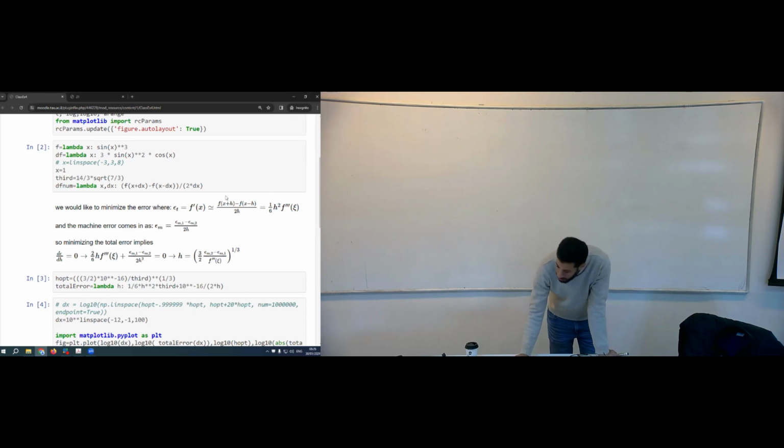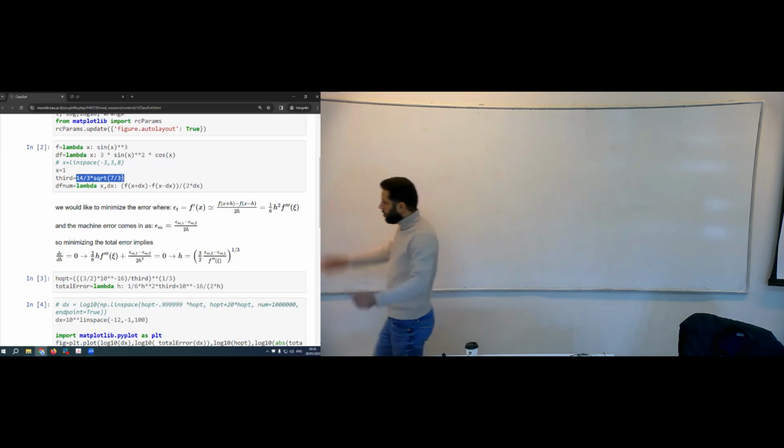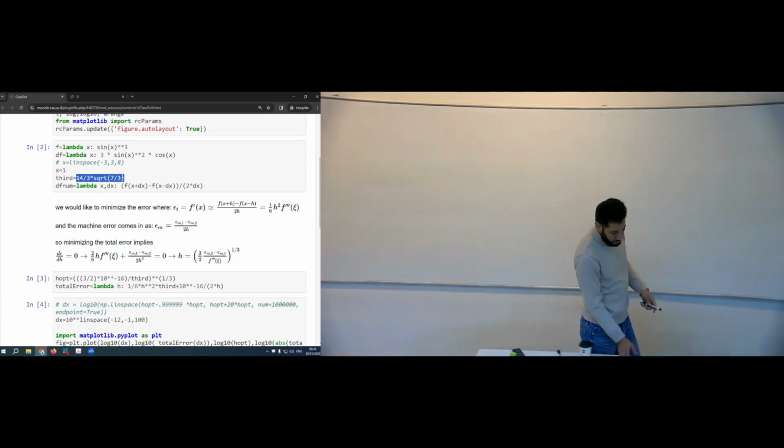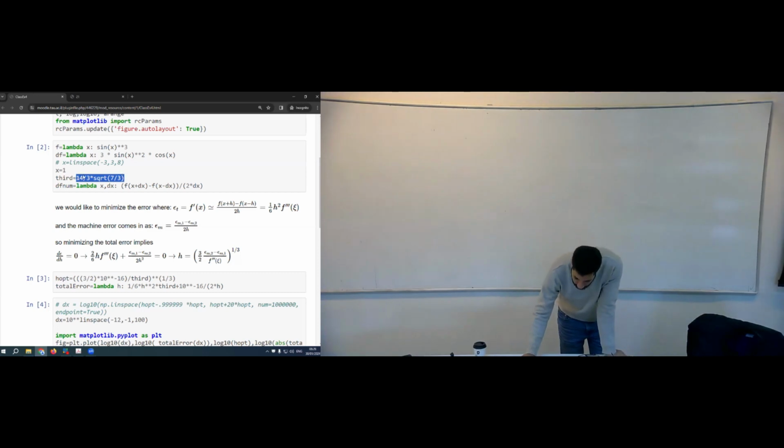We know that its derivative is 3 sine squared x cosine x. We can find the maximum of the second derivative of it, and the maximum of the second derivative is this. So we can compute it. The dx here is the h, and we try to make this symmetric differentiation: f(x+h) minus f(x-h) divided by 2h.